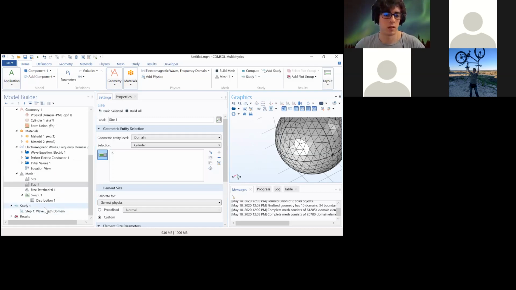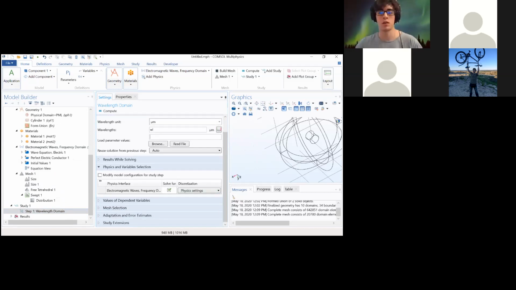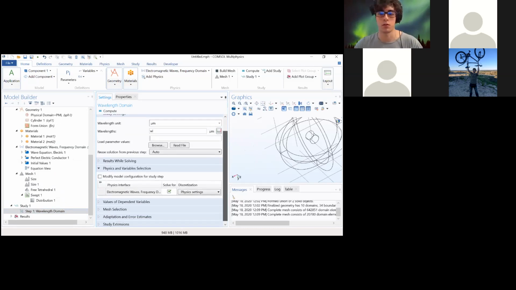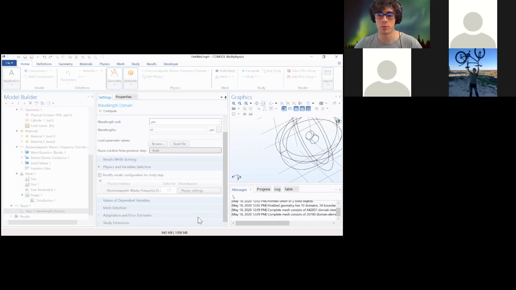So next, we will just calculate one wavelength, because this cylinder is already optimized, so everything is clear here. The point of this project is not to show you how to do this. It's simply to show how we can introduce different physics.